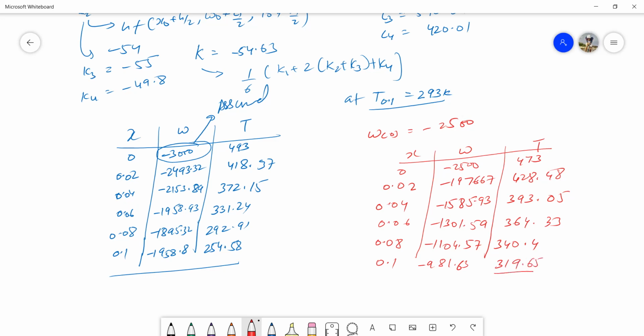So now you can clearly see with respect to initial of minus 2500, T at 0.1 is 319.65, whereas it should be 291.